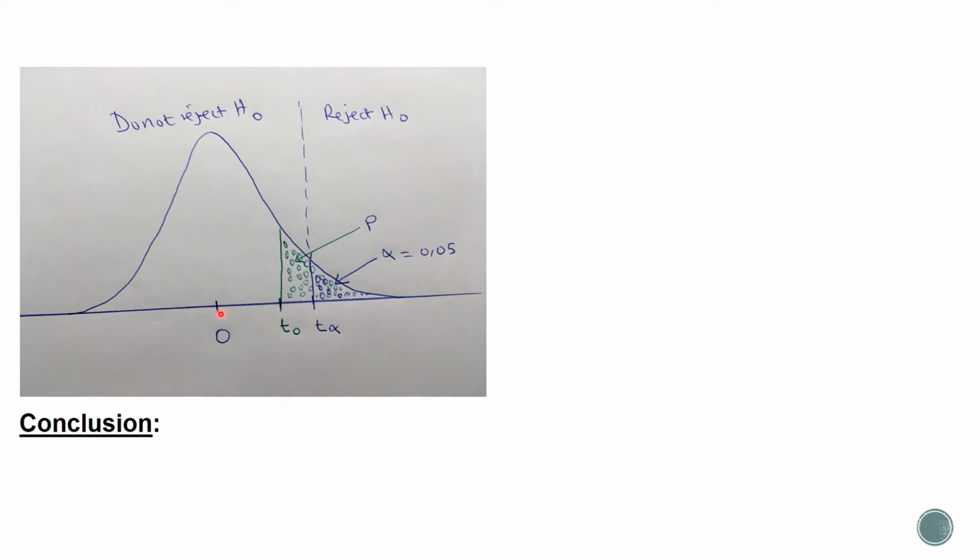At 0, as I said, there's no difference between the sample value and the population value. In other words, the population mean and the sample mean. But due to sample fluctuation, the difference would be between 0 and T alpha, in other words, the theoretical statistical value. And that difference is due to alpha, which is sample error.